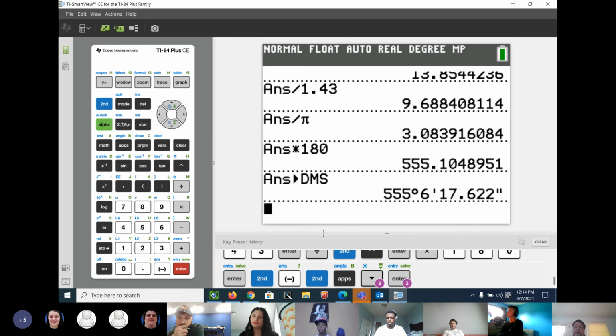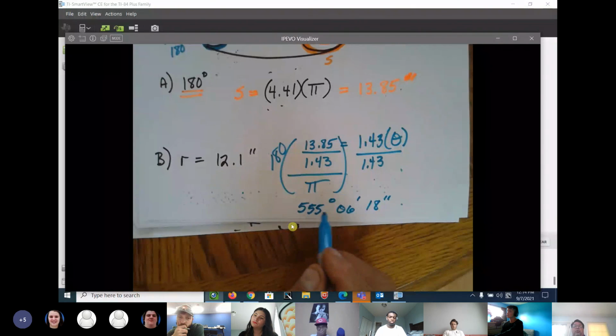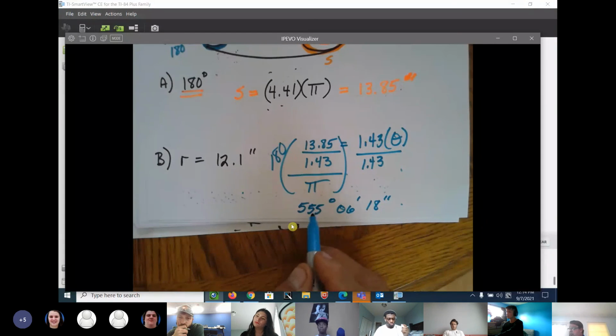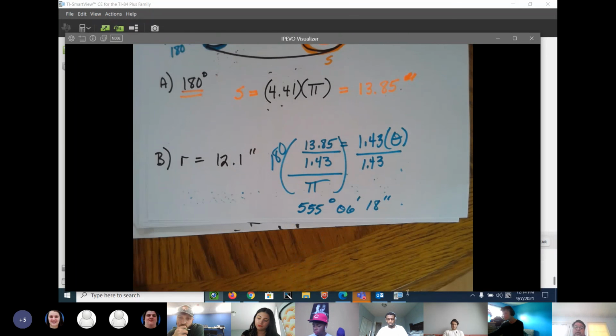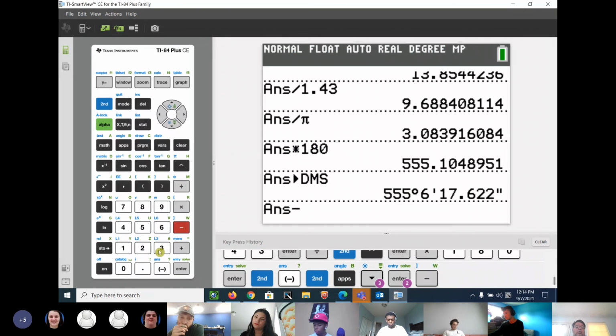I think it's over 360. So we've got to find the coterminal angle. Just subtract 360, because 360 and 360 is 720. So we're going to subtract 360. So we got the actual 195.